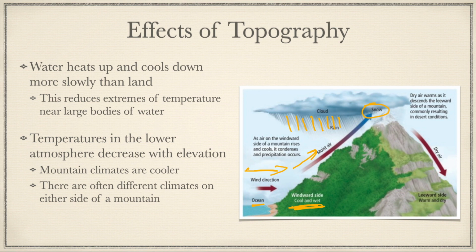But dry air warms as it descends the leeward side of the mountain, commonly resulting in desert conditions. So you have this warm, dry air coming down on the leeward side of the mountain, and you tend to have a desert over here. So if we think about a lot of the deserts in the southwest, they are on the leeward side of the Rocky Mountains.